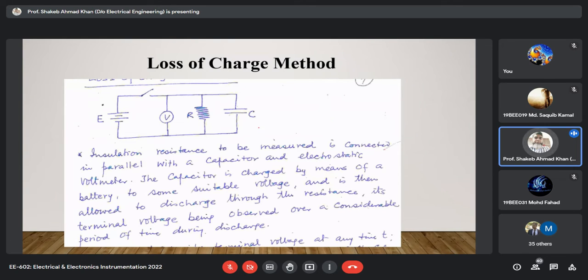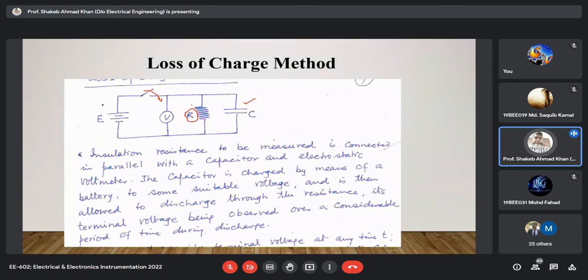So here in this case, this is your unknown resistance, and then we connect a capacitance across it. Then we take the voltage source, obviously a large voltage source is required, and then we switch it on. We connect the switch.